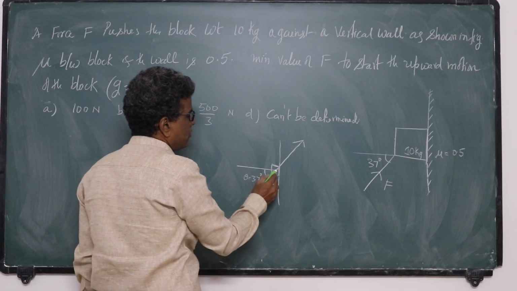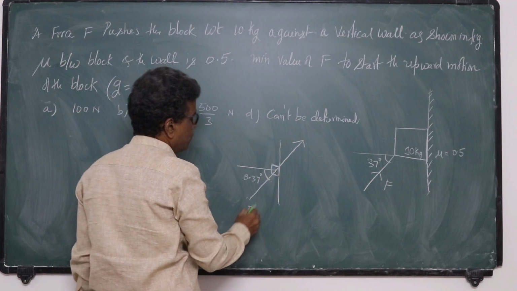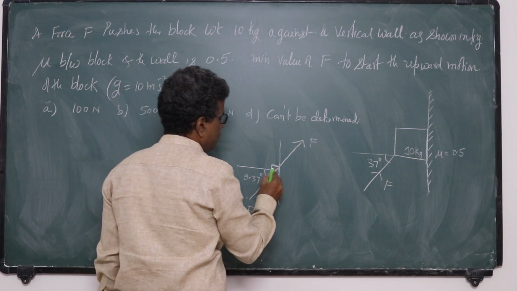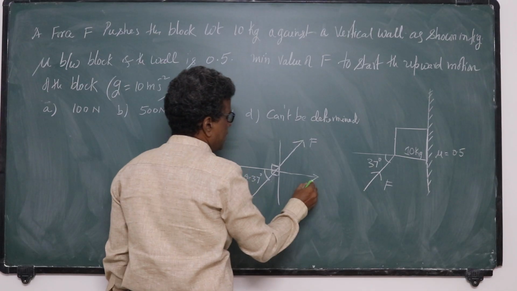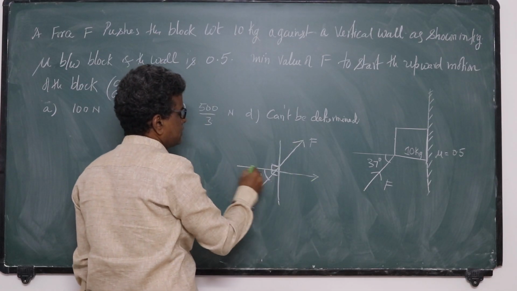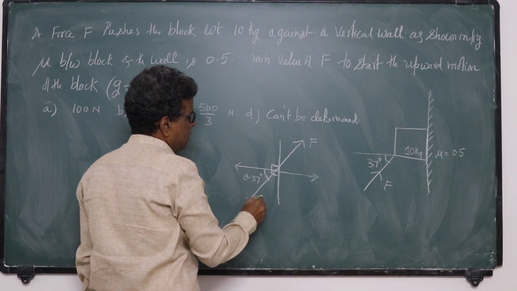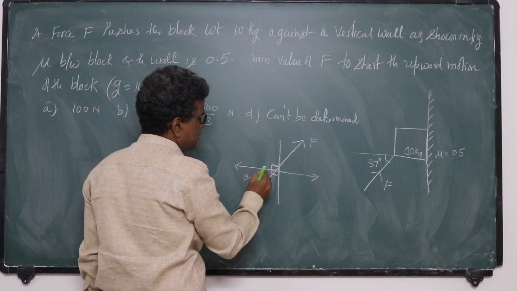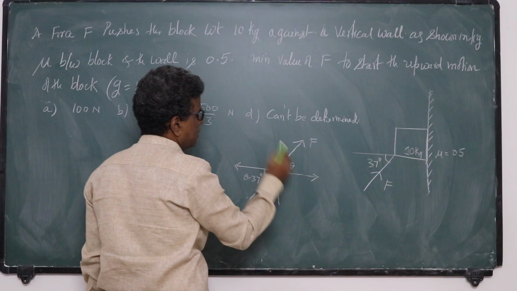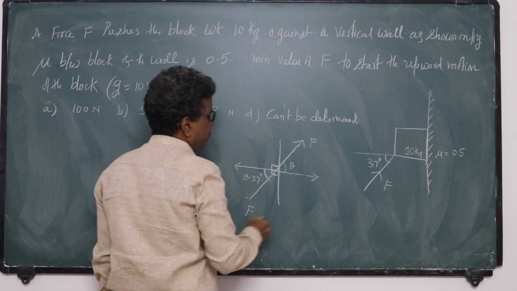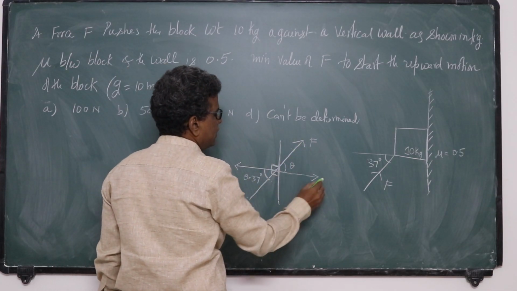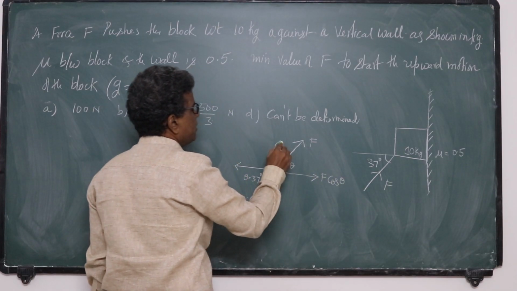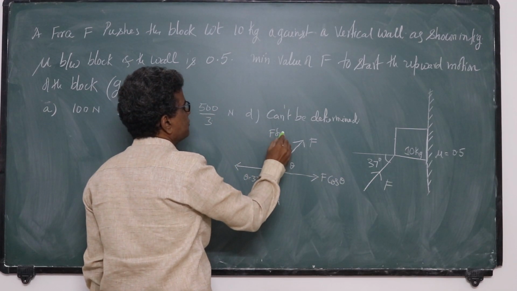So you are applied a force F. Extend this one as x-axis and this one as y-axis. So what is the component of the force? You resolve this force. If this angle is theta, this one is also theta. So you resolve this into F cos theta and F sin theta.